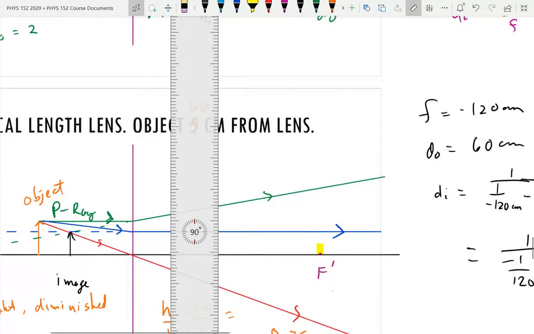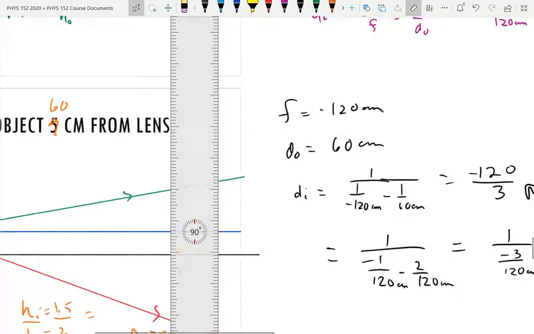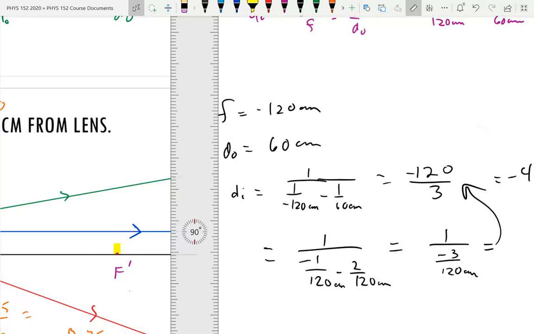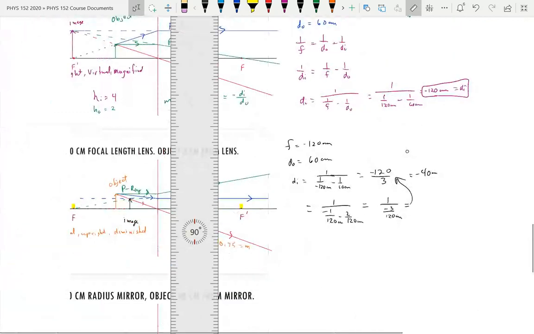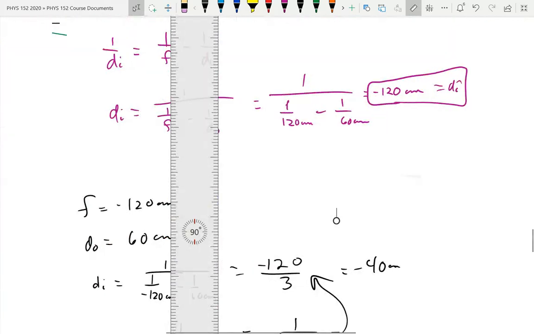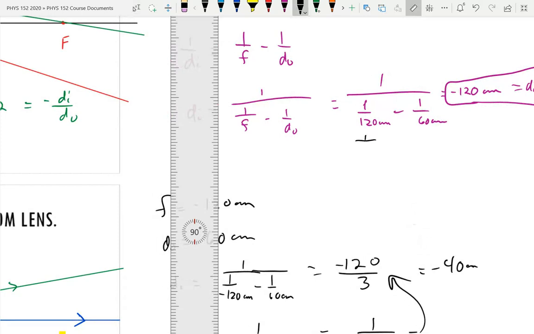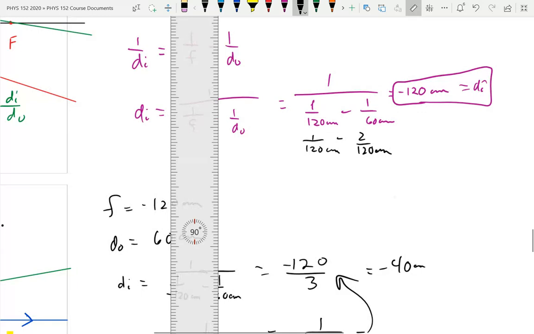On the last one, I got positive. For the one that I just did or the one before it? The one before. Okay, so the one before it, this was 1 over 120 minus 2 over 120 when I give them a common denominator. So 1 minus 2 is a negative 1. But then we plugged it into an equation with the negatives that became positive. That was for magnification, not for the distance image.